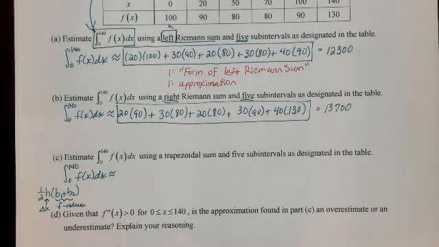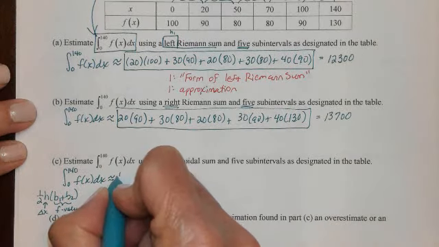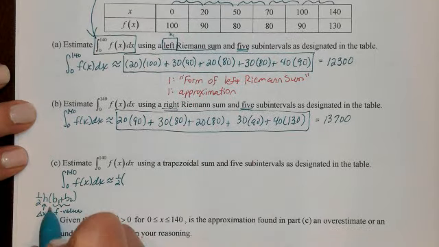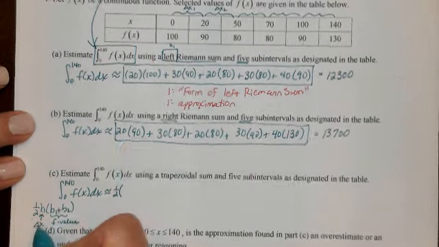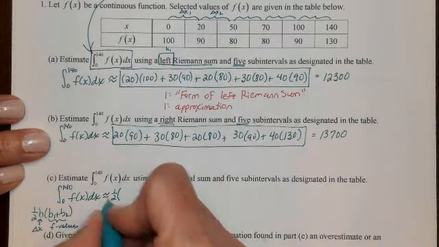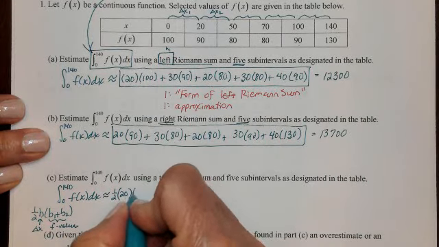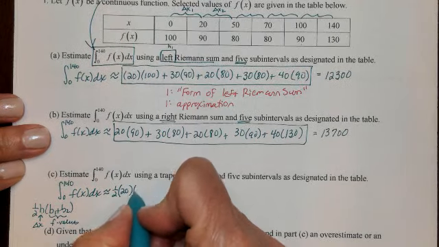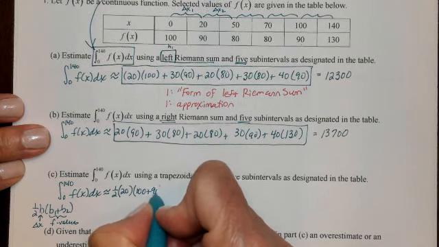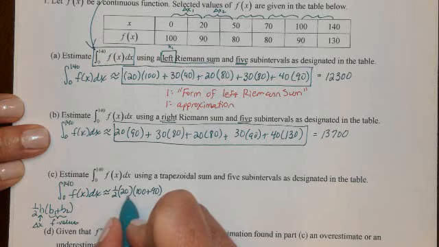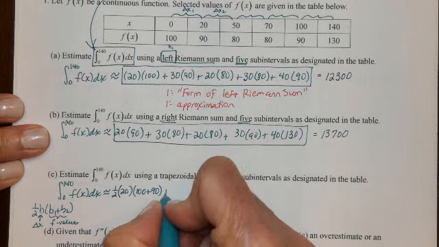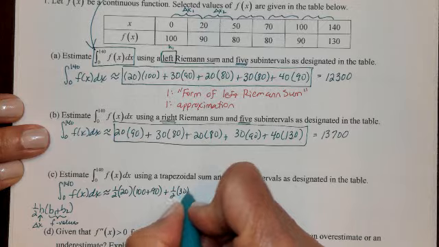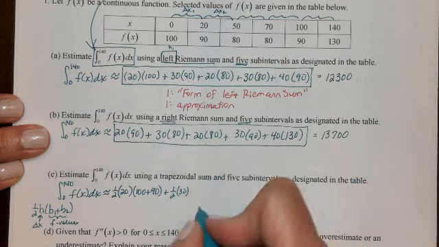Okay? So for the first trapezoid, I have the 1/2. The height of the trapezoid is our first delta x, so that will be 20. And then we multiply that by the sum of our two heights. And that's our first trapezoid. Next trapezoid, 1/2, 30 times the sum of the bases.